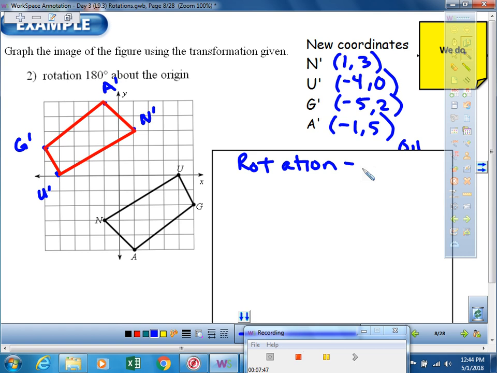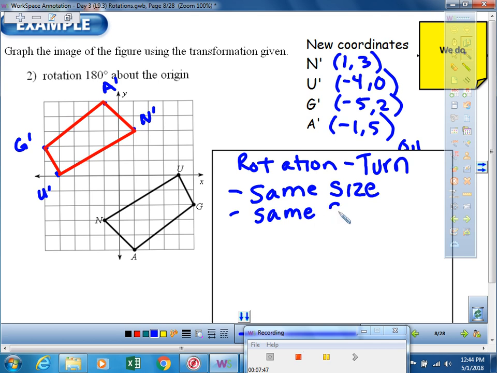You are turning. So this is a turn. Okay, same size. So notice it's same size, same shape. If it had parallel lines, when you turn it, it's still going to have parallel lines. So it preserves parallelism.